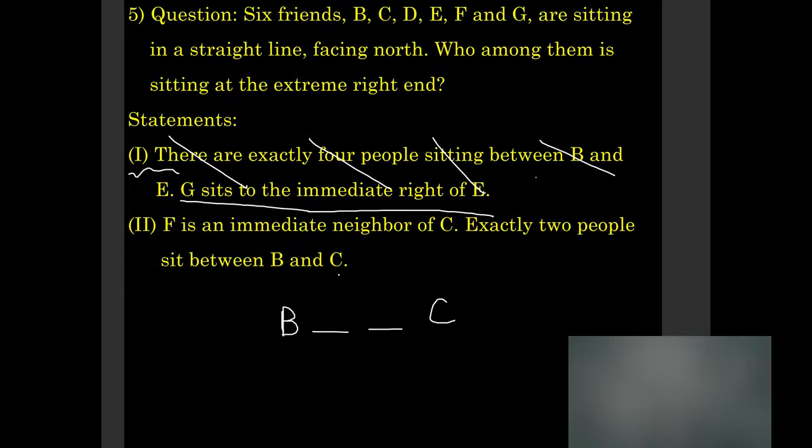F is an immediate neighbor of C means you can take F here or you can also take F here. But we don't have any information regarding other people, whether we are having people to the right side of C or to the left of B. As we don't have any clear information, from 2 alone we cannot get the answer.